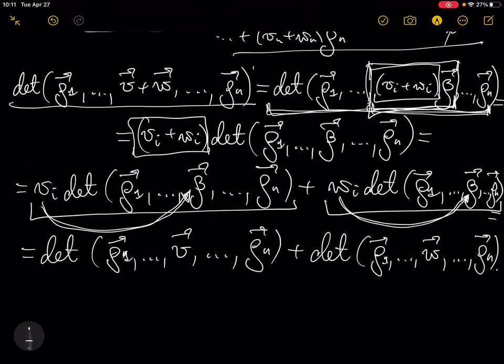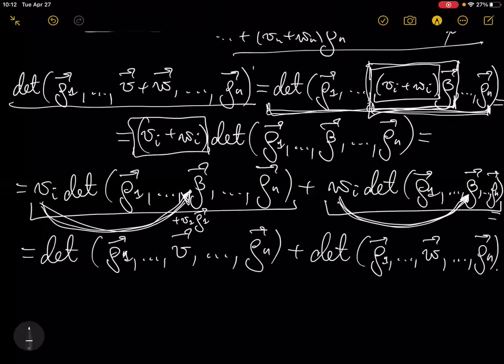For this, it would be V_i times the vector beta, but you just wrote the vector V and the vector W. Wait a little bit. So you agree that I can get this V_i and W_i in corresponding determinants, right? Yes, that's one of the properties you described. And then I know the determinant doesn't change under elementary row operation number 3, so I can add here V1 times row 1, and it will not change.